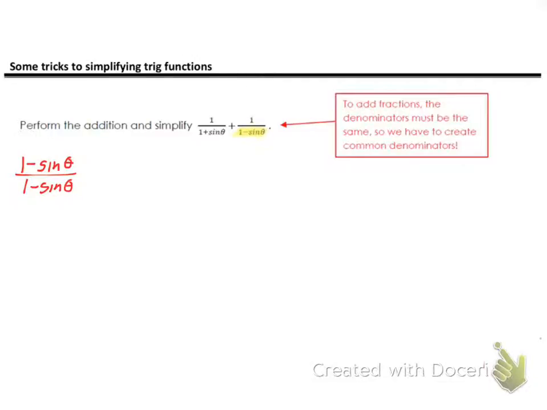That just equals 1, right? Something over itself is 1. I am going to multiply it by the other fraction, the fraction I did not take the denominator from. So I'm going to multiply that by 1 plus sine theta. Okay, so I'm done with that fraction.